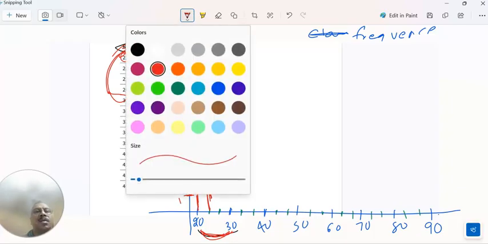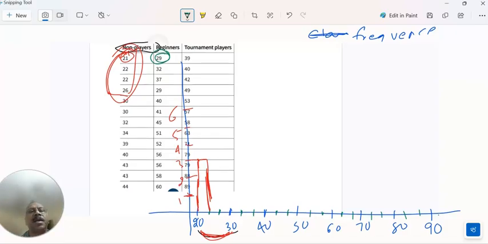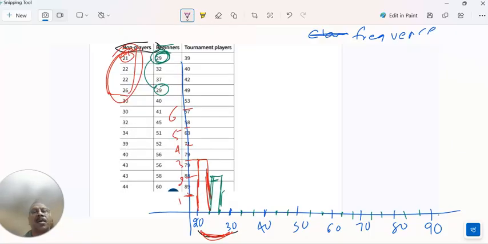I'm going to use green color for the beginners. So here for beginners from 20 to 29, there's only one here. See? There is 29 here also. This itself is 2. So I'm going to put a bar right here, the green one. And then I'll put the pink one for the next group.